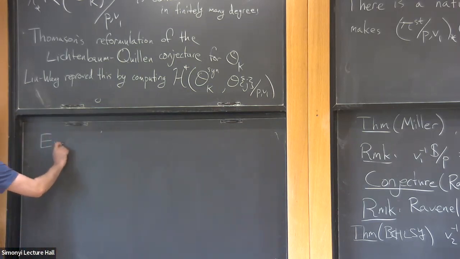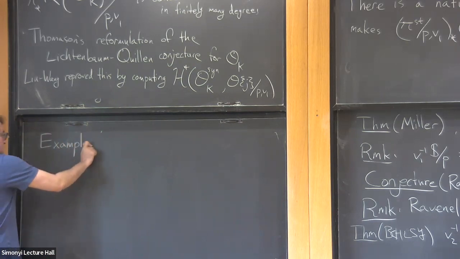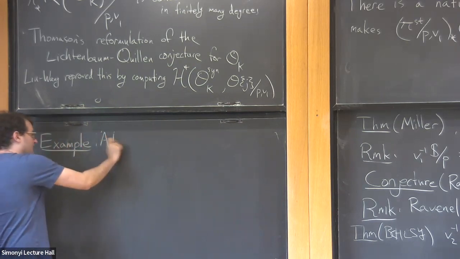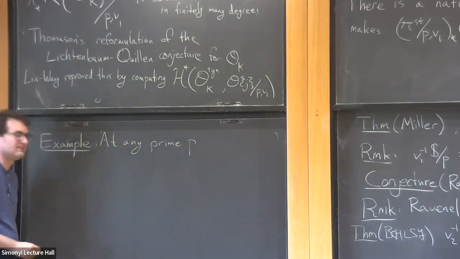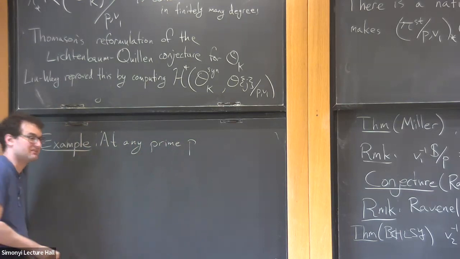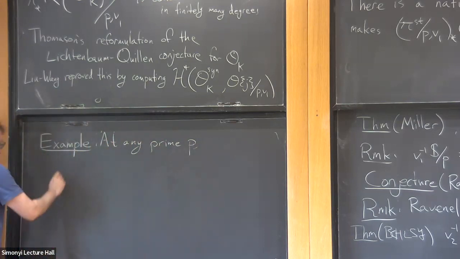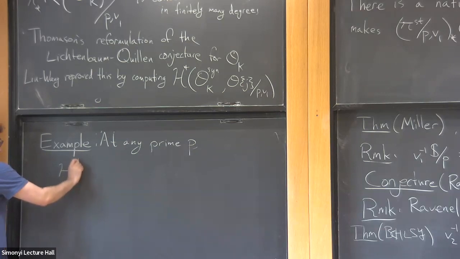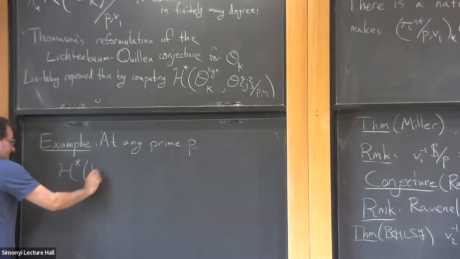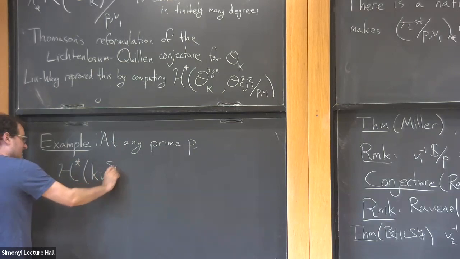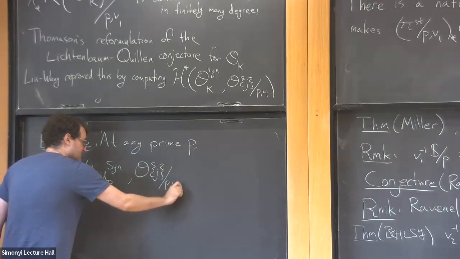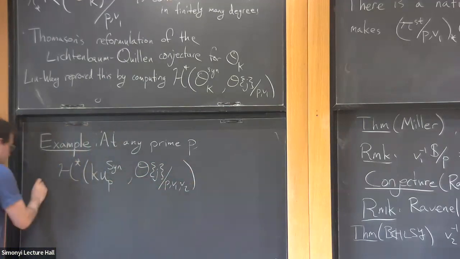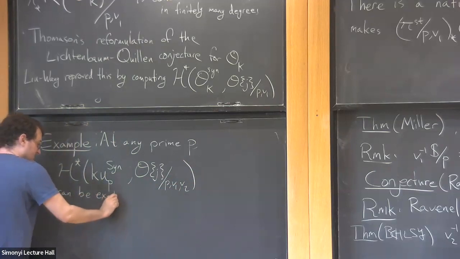As an example, for any prime p, I sort of at some point restricted to primes larger than or equal to 7. Let me ignore that for a moment now. If I take the cohomology of Ku with syntomic coefficients in the structure sheaf, this can be explicitly computed.